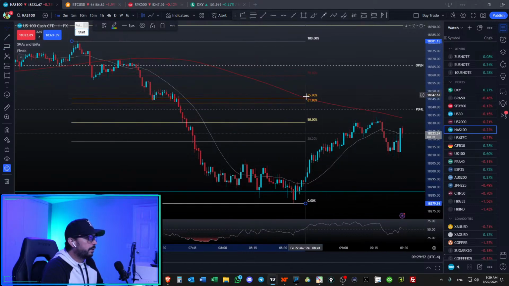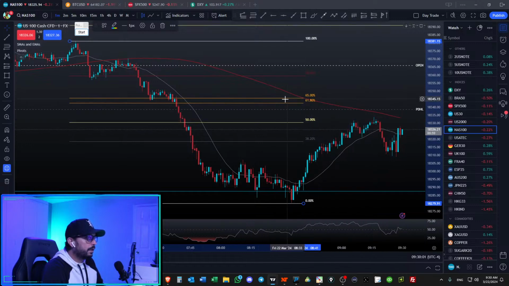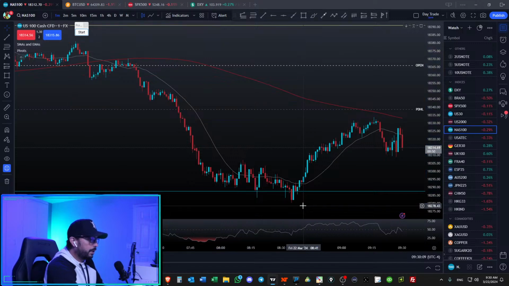Potential area for a pullback, the golden pocket from this move. It already tested the 50%. You can go a little higher on the pocket, pick up liquidity to keep it going.